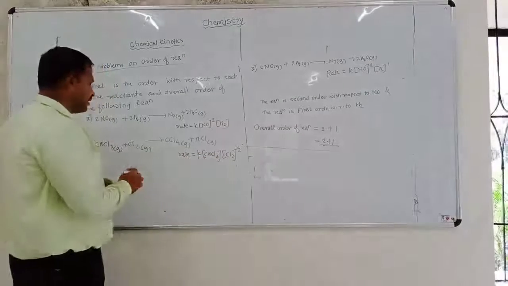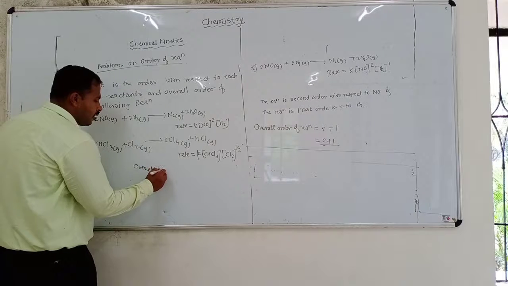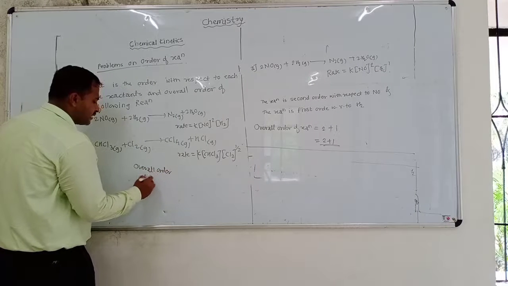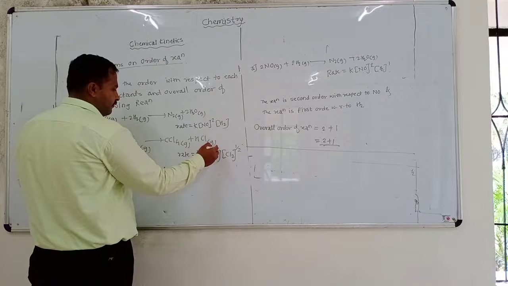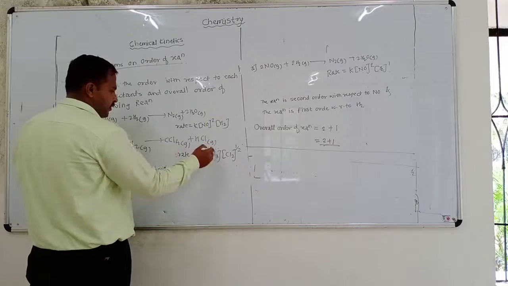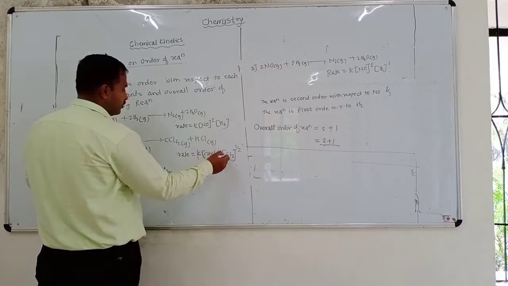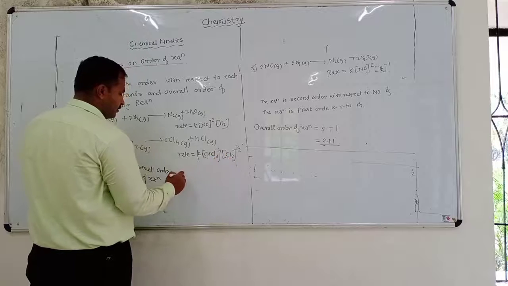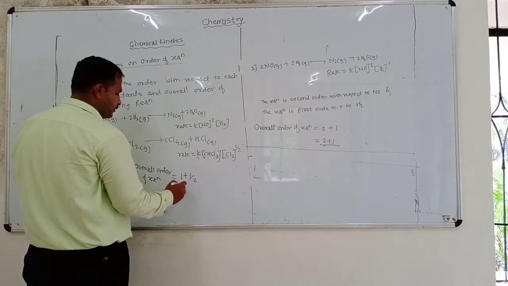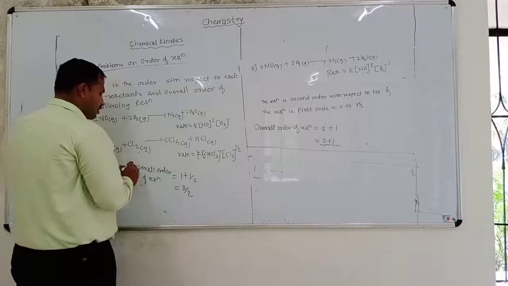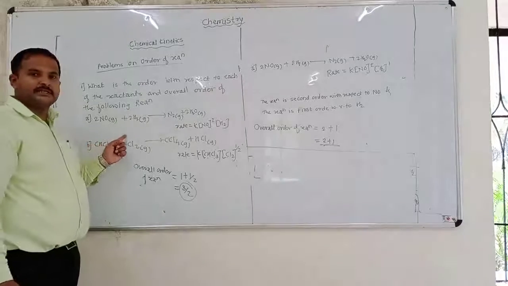The overall order of reaction is 1 plus 1 half, 2 into 1, 2 plus 1, 3. Overall order of reaction is 3 by 2. The order of this reaction is 3 by 2.